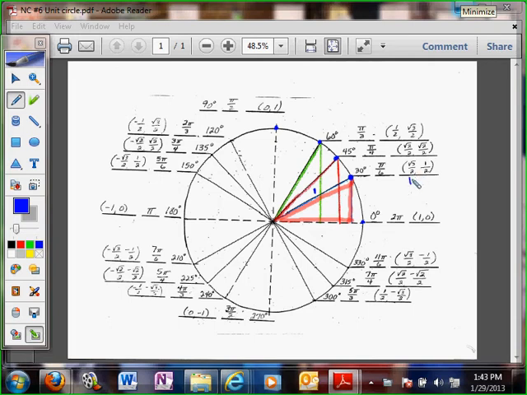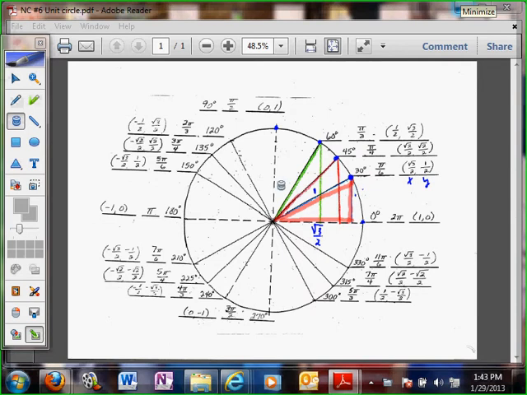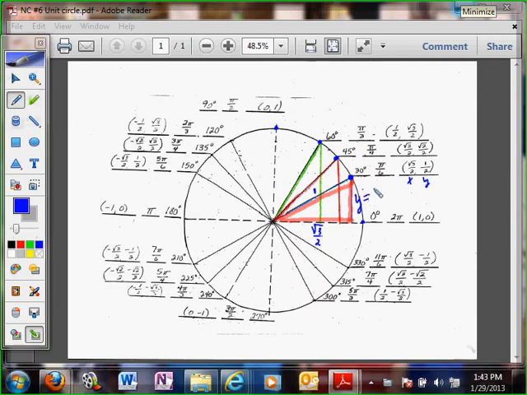So the x value here is √3/2 and the y value is 1/2. Okay, so this is the y. And this is the x value.